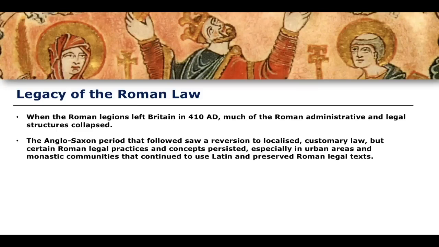What follows is the Anglo-Saxon period, and what they implemented within their system, we'll get to in more detail in future lessons, but they generally implemented a reversion to localized customary laws. But there were still, nevertheless, certain Roman legal practices which would persist.